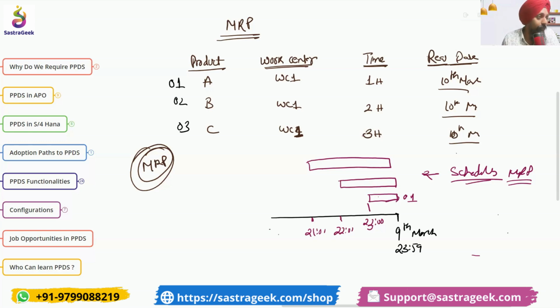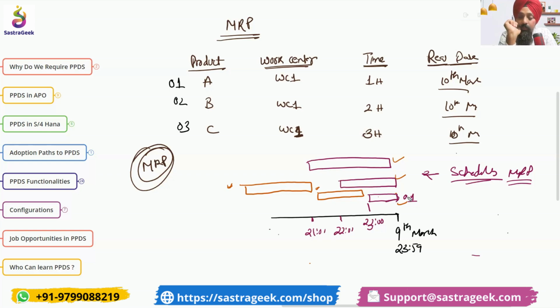Actually, the result we expected with finite scheduling is that one order should come here, one order here, one order here. This is what we expect from the planning. But what MRP gives is like this, because MRP planning is not constraint-based planning. MRP is infinite planning without any constraints.